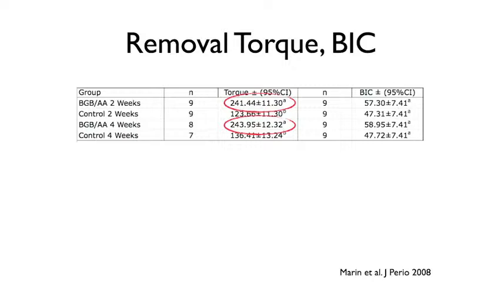What you can see is that on the old surface, after 2 weeks, it took about 120 Newton centimeters to remove the implant. With the ozone surface, you double that to 201 Newton centimeters. And this is the only variable that has changed. Changing the surface requires twice the amount of torque to remove the implants.